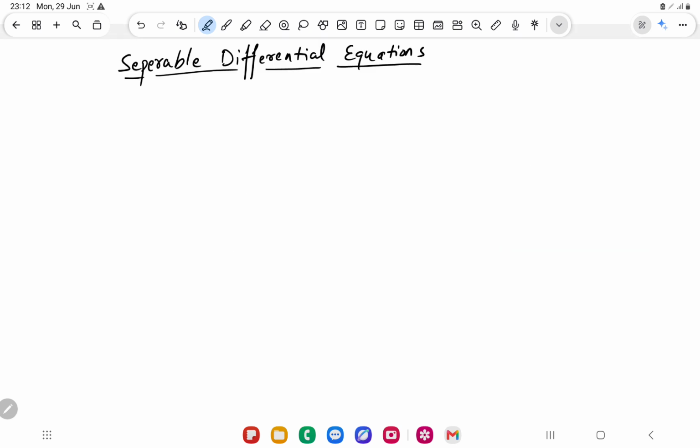Now let's understand another form of the differential equation, that is the separable differential equation. Whenever you have any differential equation of the form dy by dx is equals to some function of x multiplied by some function of y, this is a separable differential equation.